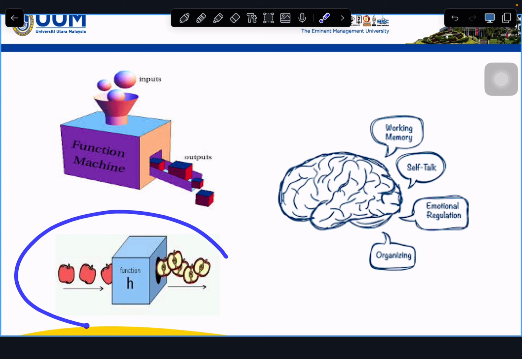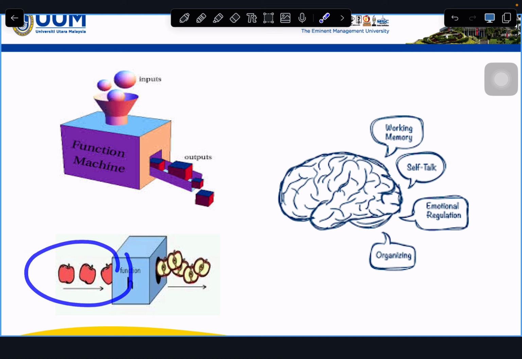Okay. Down here, what is this one? Function. What is this one? Apple. Slice, the cut. So something happens here, like the machine cuts the apples. So what is the function of the machine?